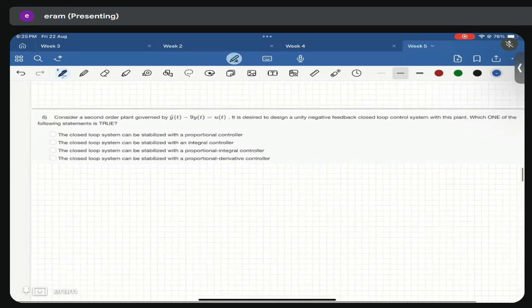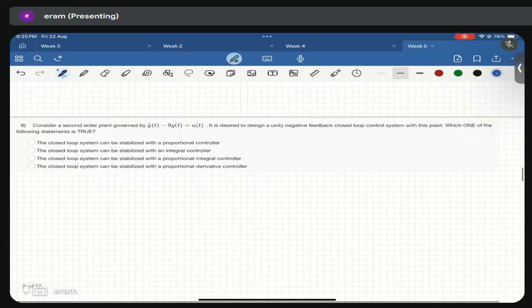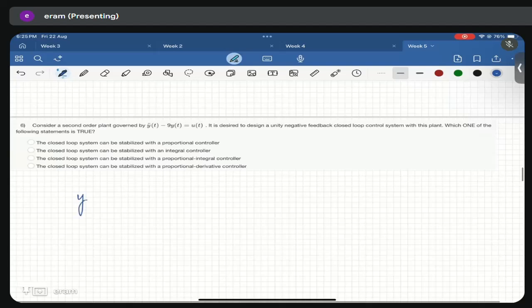Okay, so this is a long question, so I'll read it for you. Consider a second order plant governed by the differential equation y double dot t minus 9y(t) equals u(t). It is desired to design a unity negative feedback closed loop control system with this plant.